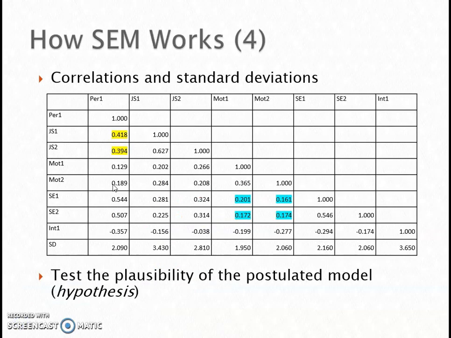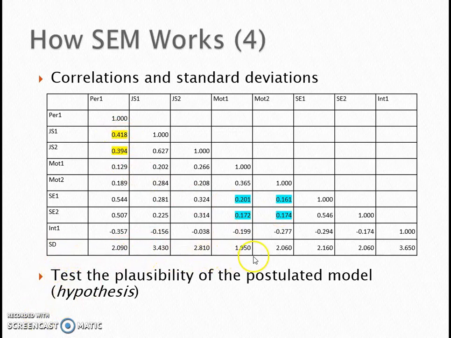Here you can see the correlation matrix from the observed data, the observed matrix. For example, the correlation between performance and the first indicator of job satisfaction is 0.418, and so on and so forth.